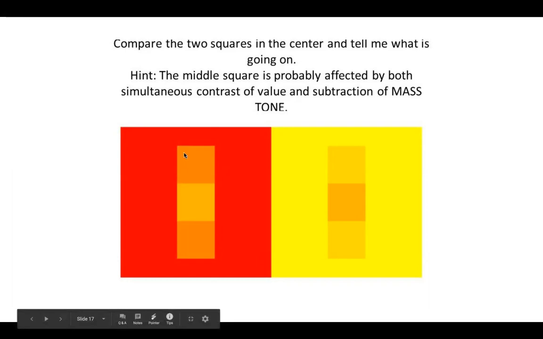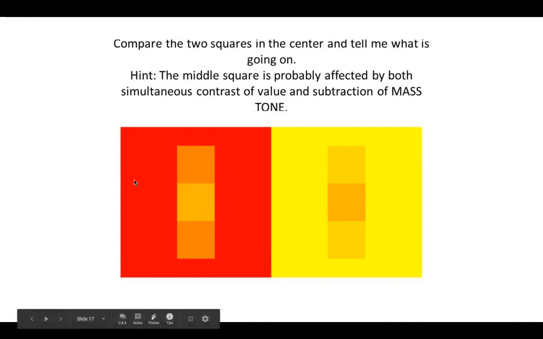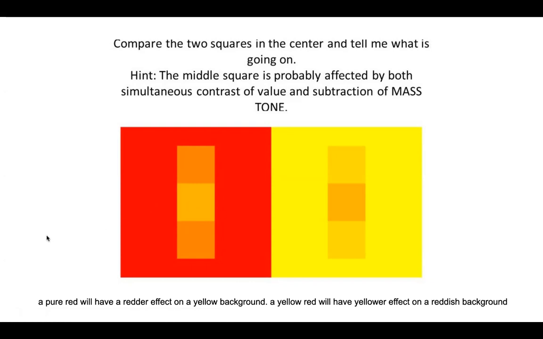I should also say these three squares and these three squares are the exact same. Not the top two, but the middle one. That middle square right here and here. So it's basically sucking the color out of it, right?